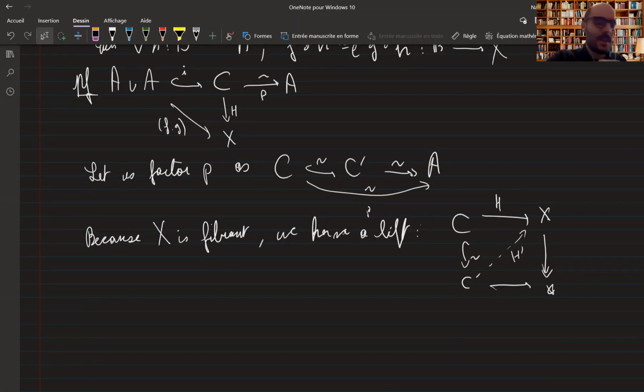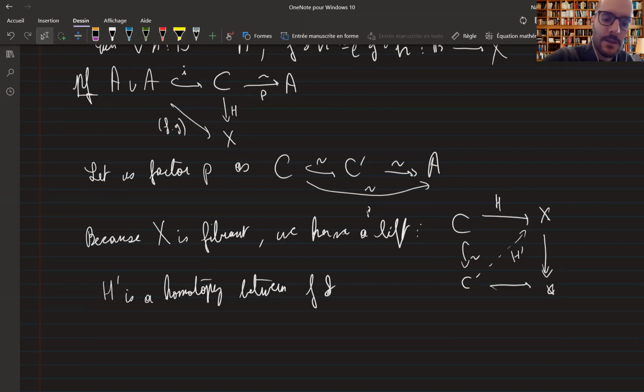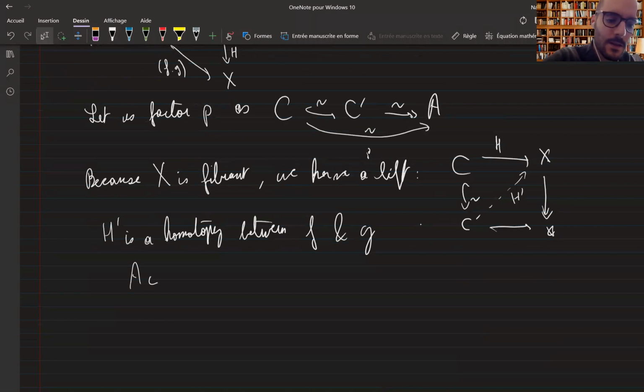All right. So H prime is a homotopy between F and G. All right. We still have a diagram like this. All right.